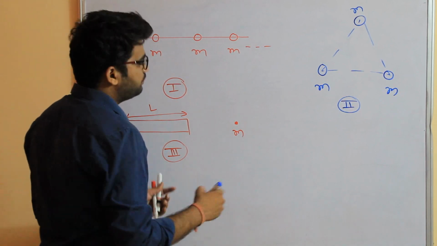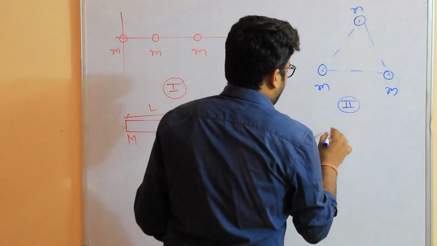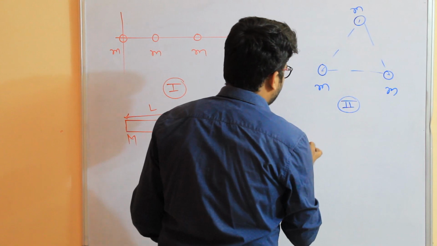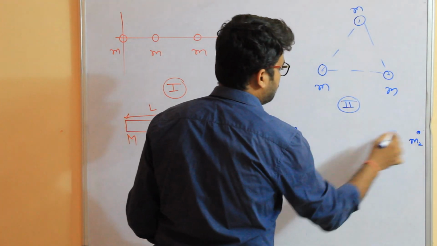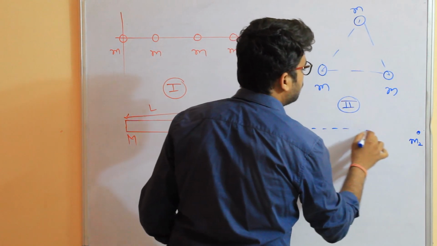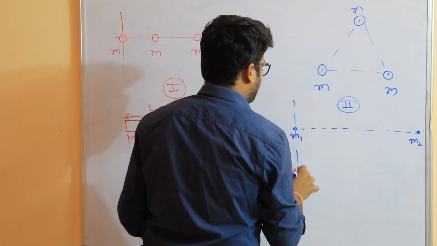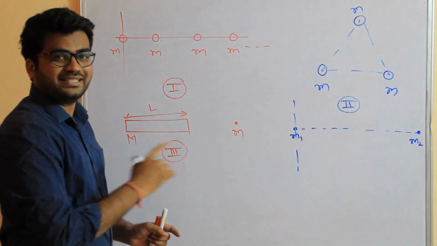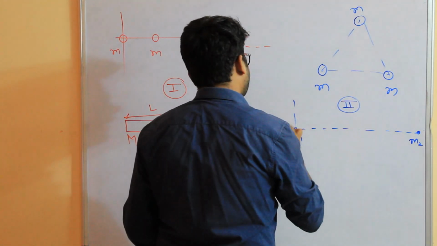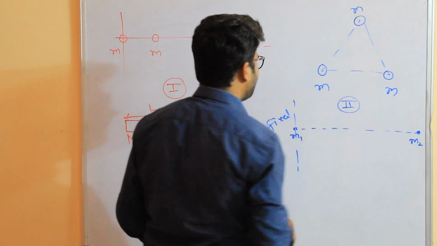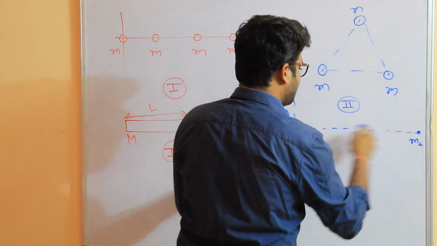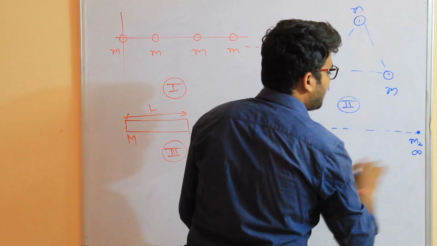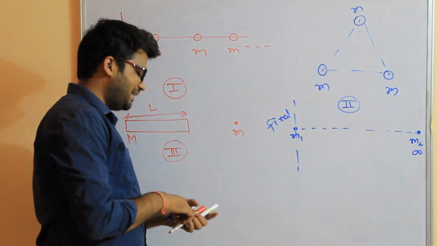So the fourth model is, let us suppose this is the mass m1 and this is the mass m2. Now these masses m1 and m2 will be attracted towards each other, right? And we take this mass m1 as a fixed mass. Let us suppose m2 is at infinity.